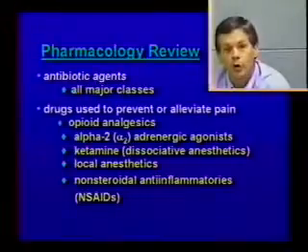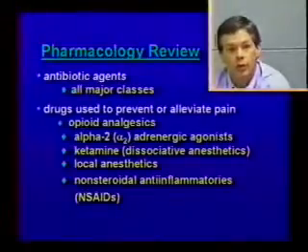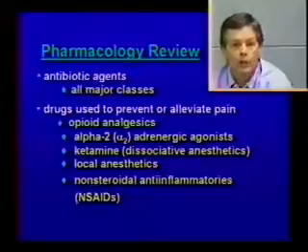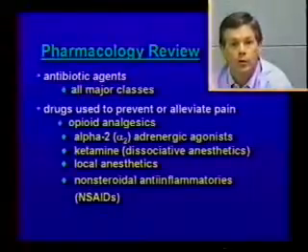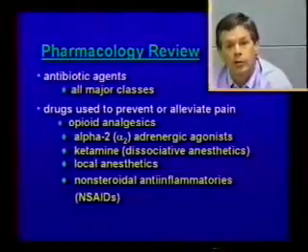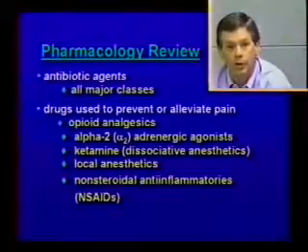The latter 2, the local anesthetics and the non-steroidal anti-inflammatory drugs, are classes of agents that are commonly used to alleviate or treat or prevent certain forms of pain, but do so by actions outside the brain or central nervous system. And so we'll talk a bit about their actions also.